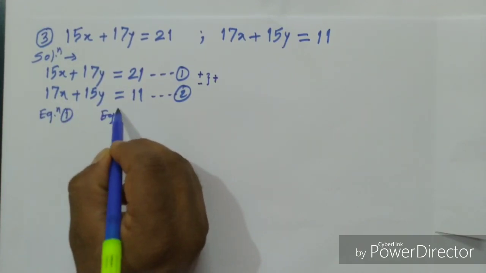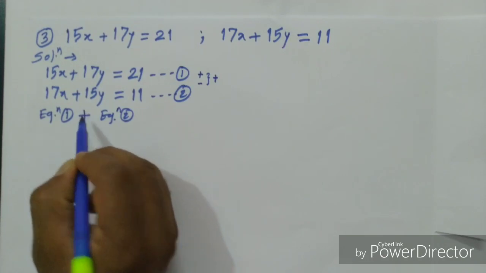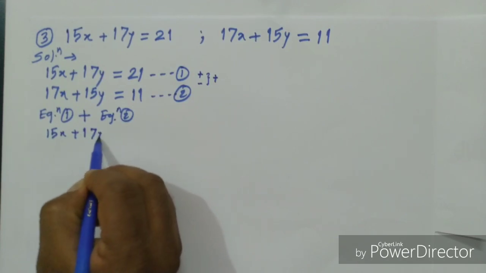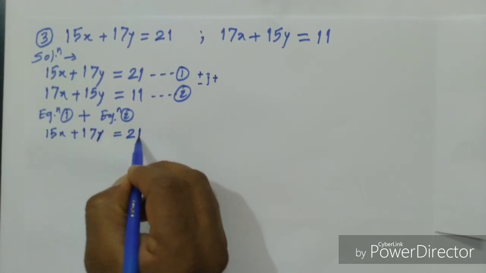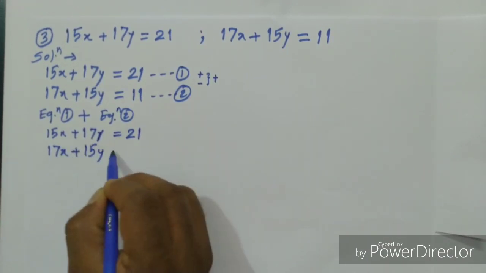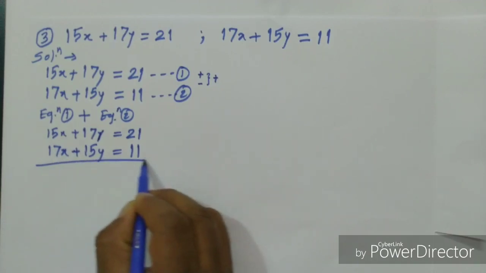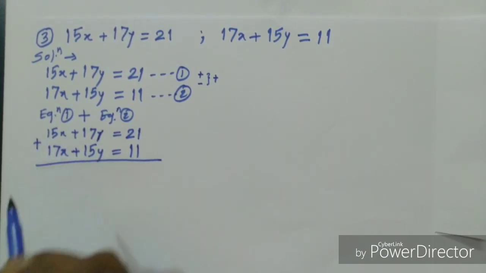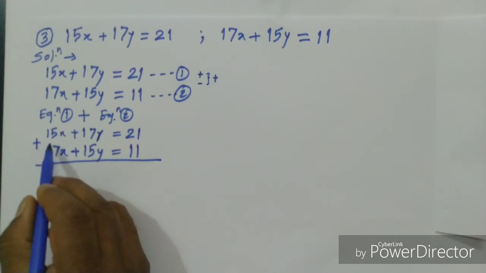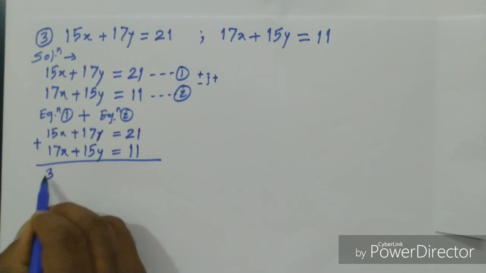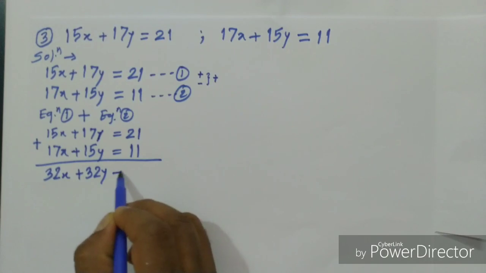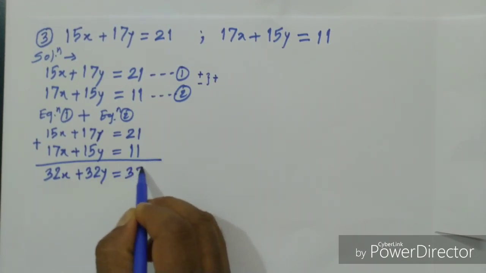Adding equation 1 and equation 2. In addition, 15x plus 17x, we get 32x, plus 32y is equal to 21 plus 11, 32.